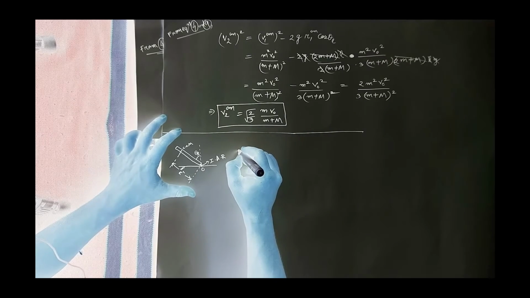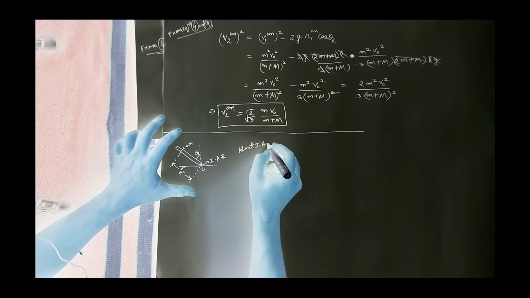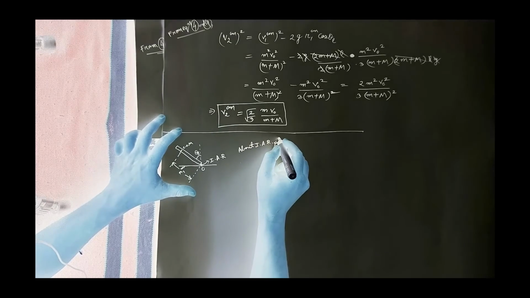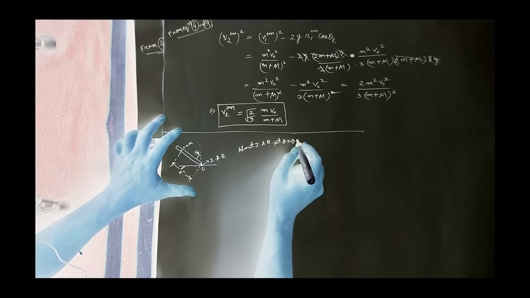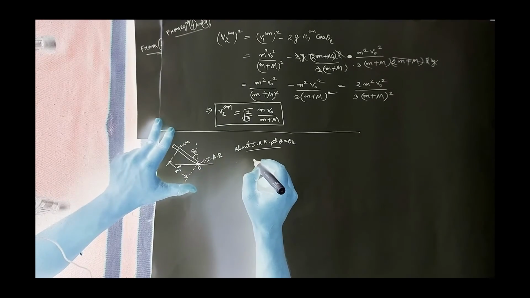So about the instantaneous axis of rotation at theta equals theta L, this is the instantaneous axis of rotation.